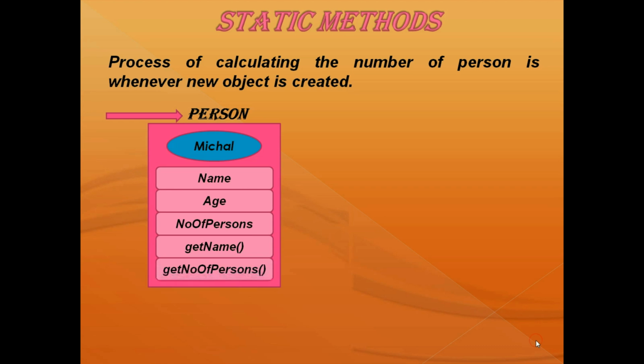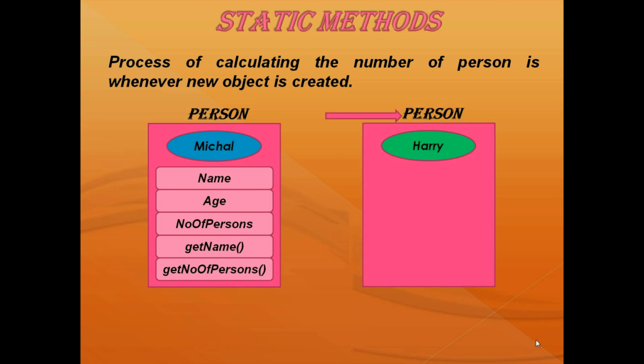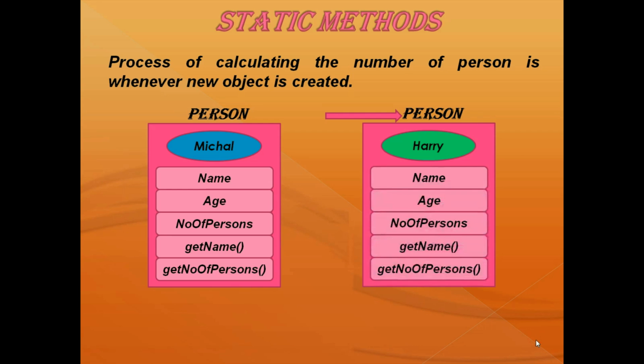And we have another method, getNumberOfPerson. This method will keep track of the total number of persons till this object is created. After Michael we have one more object, Harry, of the Person class, which also has name, age, number of persons and the getName and getNumberOfPerson methods.